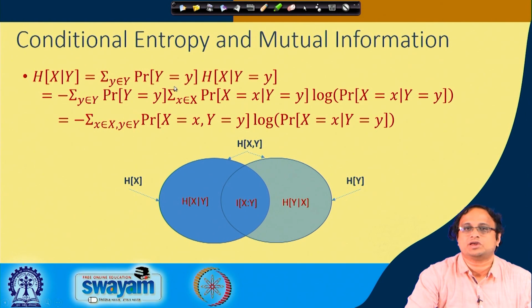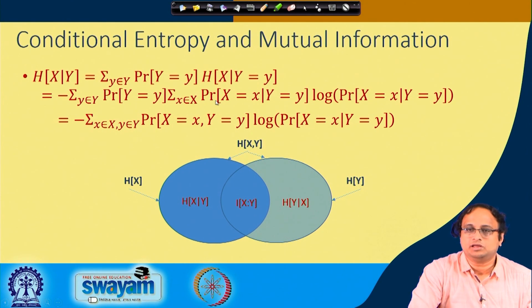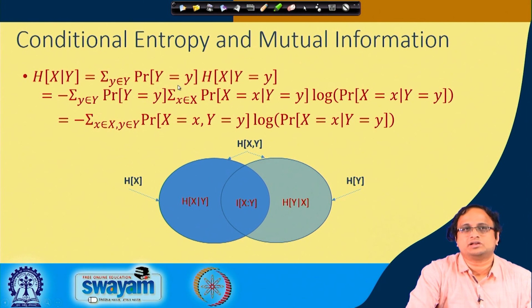So, we write Y equal to small y, and then we multiply the entropy of X given Y equal to small y with the probability that Y takes small y. Okay. So, basically we are applying a kind of law of total probability. It is not specifically the total probability as such, but we are trying to find the total entropy by varying y over all possible values of Y.